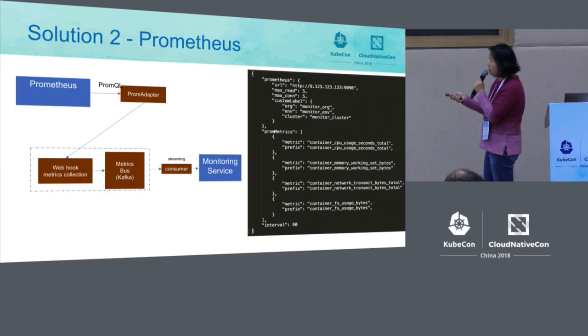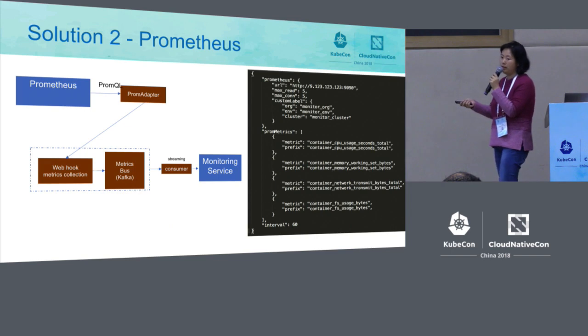The adapter helps us query Prometheus based on your definition, get the result, and send it on a webhook. And here is the structure, and it can transfer to Kafka. By doing this, the Prometheus metrics can be integrated with our monitoring solution seamlessly.